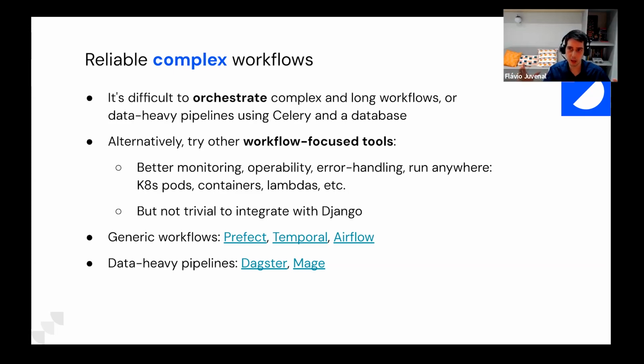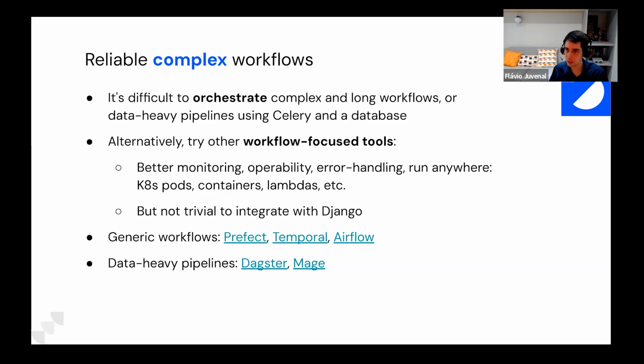But if you have a really critical business workflow, perhaps Celery is not the best tool. Perhaps you need a tool that will have better monitoring, better operability, better handling. You can run anywhere, perhaps on pods, containers, lambdas. And there are tools for that. They are not trivial to integrate with Django, okay? But it will probably be better depending on your use case.